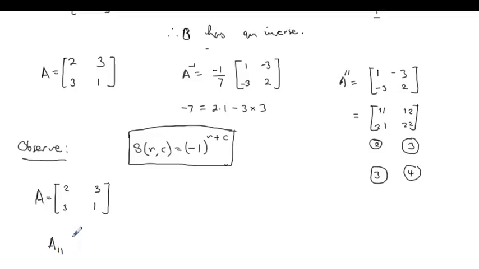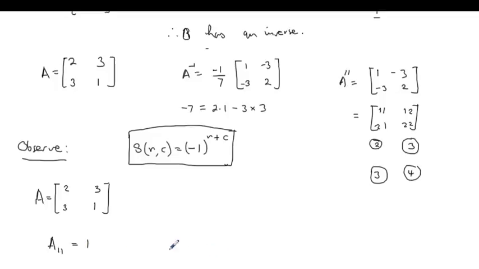It refers to matrix A. And when I say A 1, 1, I simply mean in A, drop row 1 and drop column 1. In other words, I'm going to delete row 1 and column 1, and I'm going to get 1.